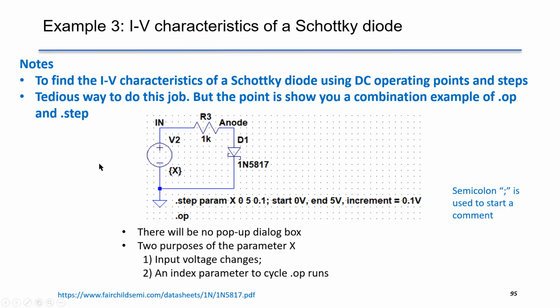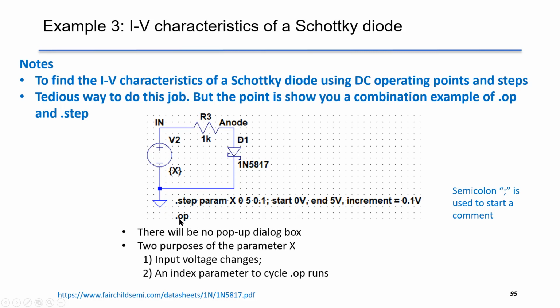In this case, we define a parameter as capital X, starting from 0 volt and ending at 5 volt, and the increment is 0.1 volt. This is the syntax to define a step function. The semicolon is used to start a comment. So this is just a comment in LTspice.